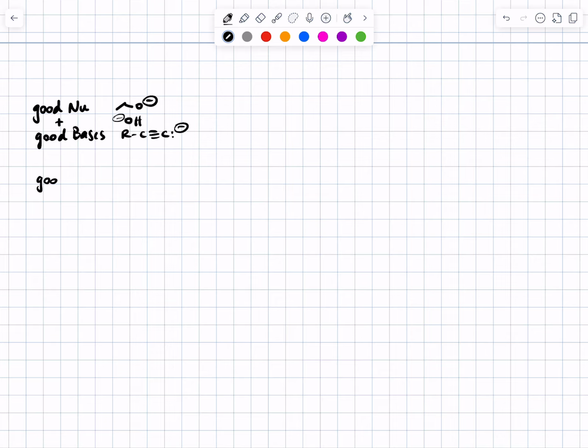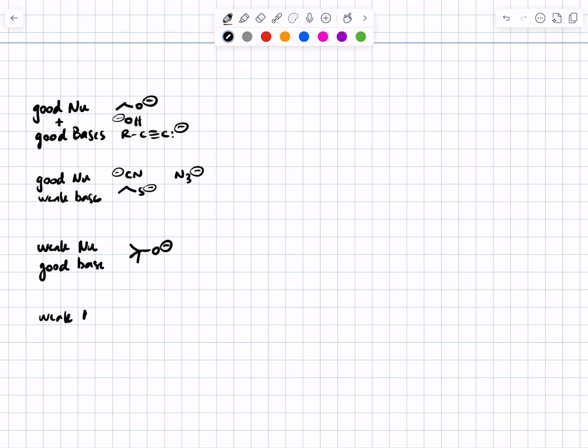Then we might have things that are good nucleophiles but weak bases. And you could include perhaps some things that are on that list. Then we're going to have molecules that are weak nucleophiles but good bases, and this is going to be basically the sterically hindered ones. And then you're going to have molecules that are both weak nucleophiles and weak bases, and these would just include like water and alcohols.